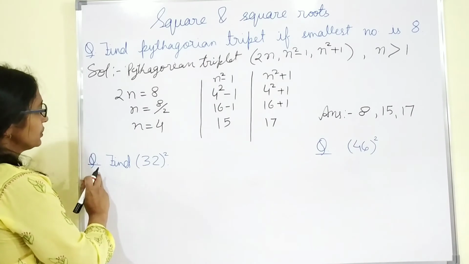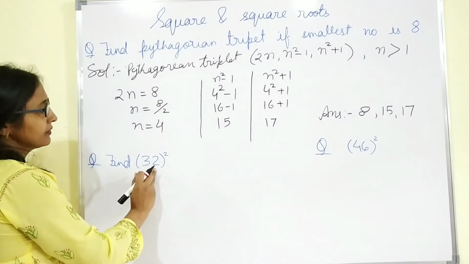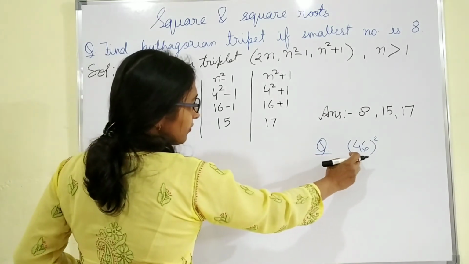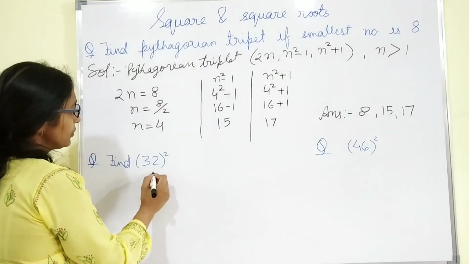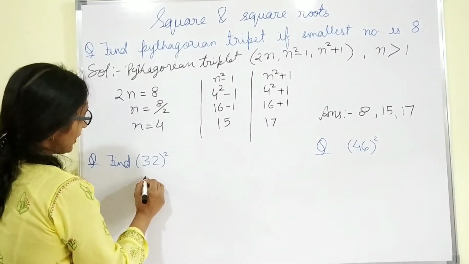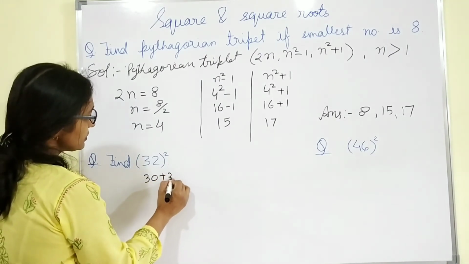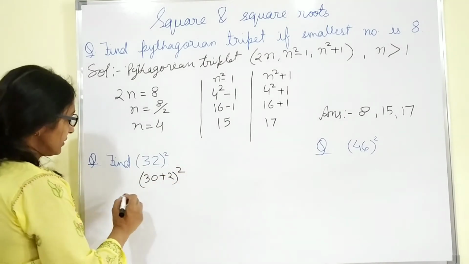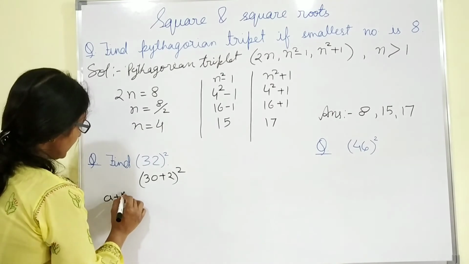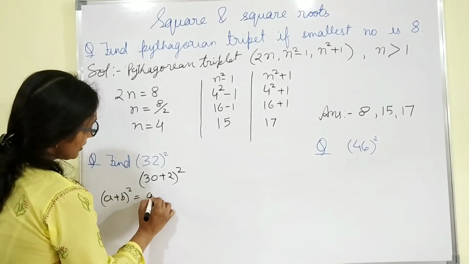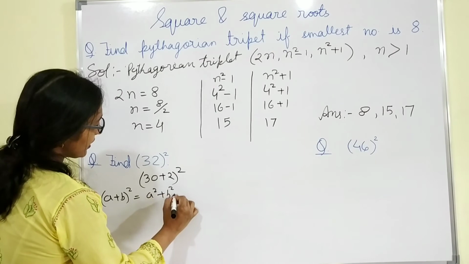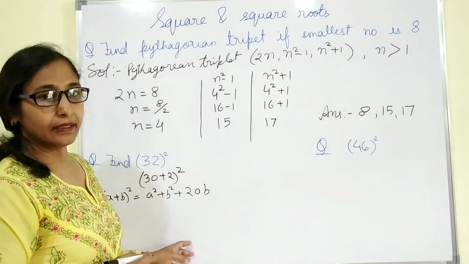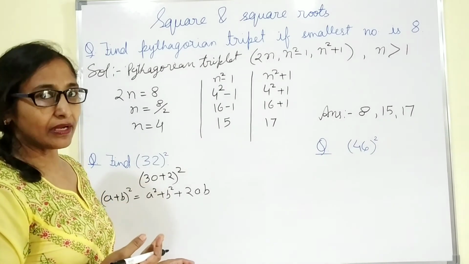Now the next question is to find the square of 32 and the square of 46. We can write 32 as 30 plus 2 whole squared. There is an identity: a plus b whole squared equals a squared plus b squared plus 2ab. You will read about it in the next chapter, that is factorization.